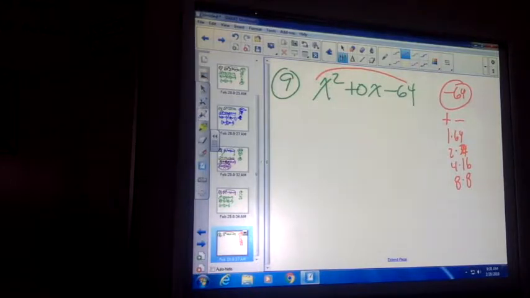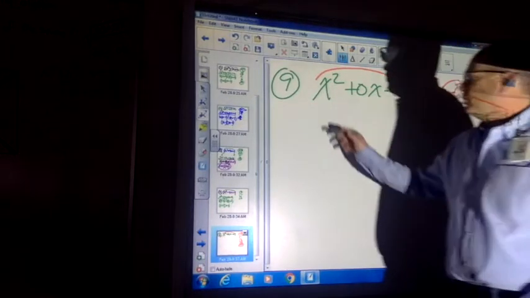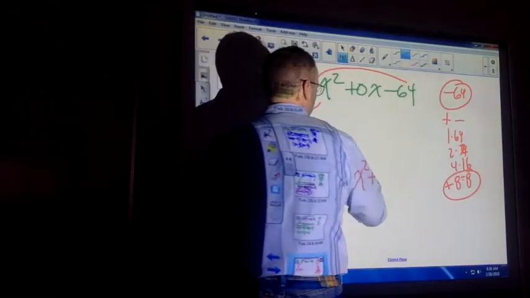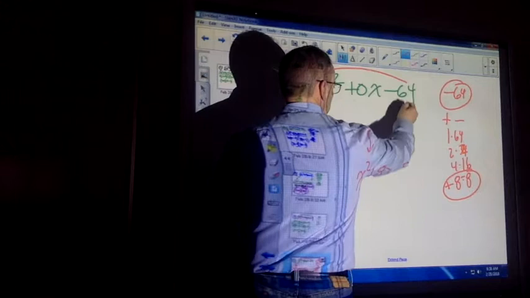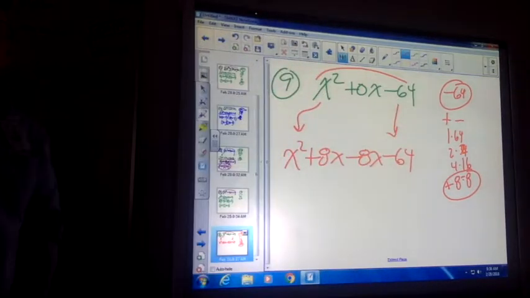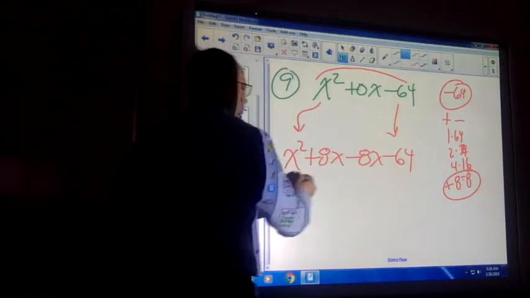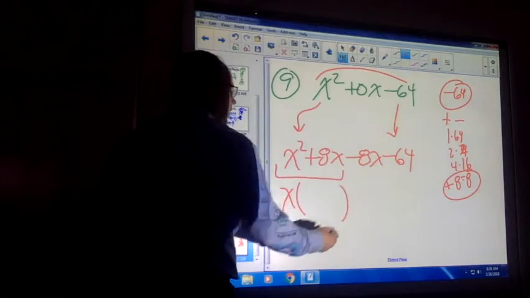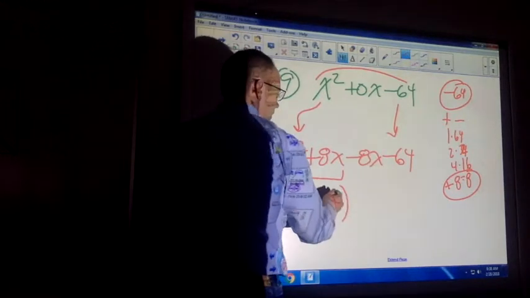The 8s. If one's positive and one's negative, that middle term falls out, right? We can do it the same way. This comes down. That comes down. What do I have in common here? X. What do I have left? X plus 8.